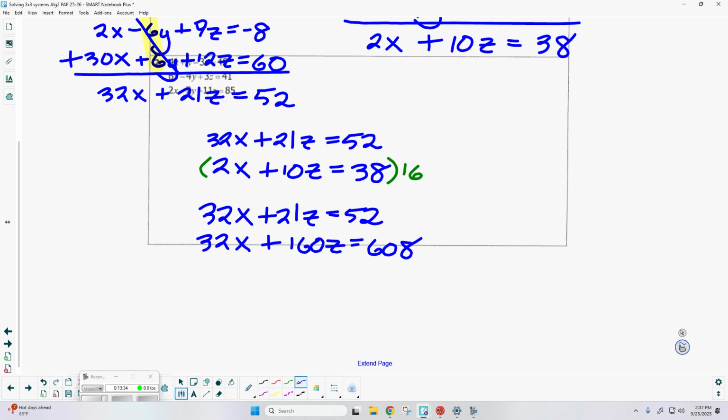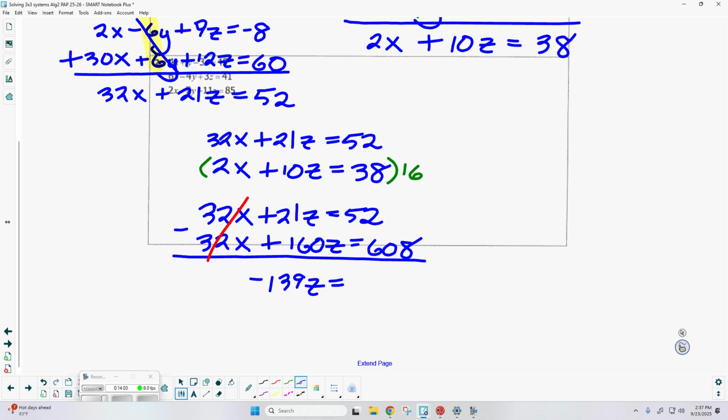Okay. So now that I rewrote it so that I have the same variable, I'm going to subtract those. Okay. So I'm looking for 21 minus 160. Negative, what's that? 139z equals, now I need 52 minus 608.